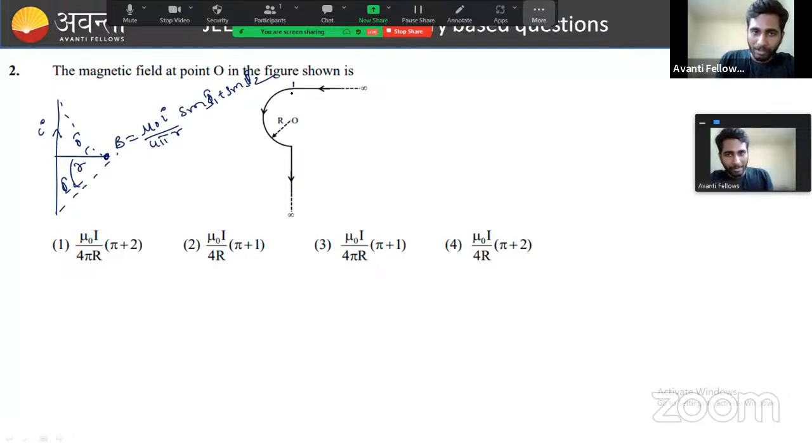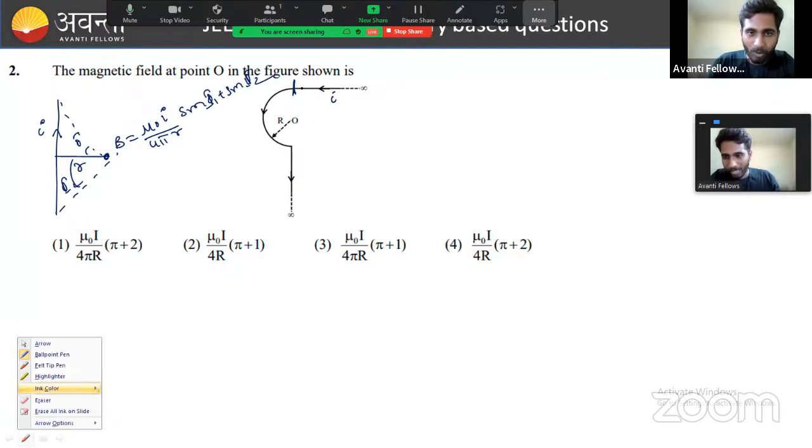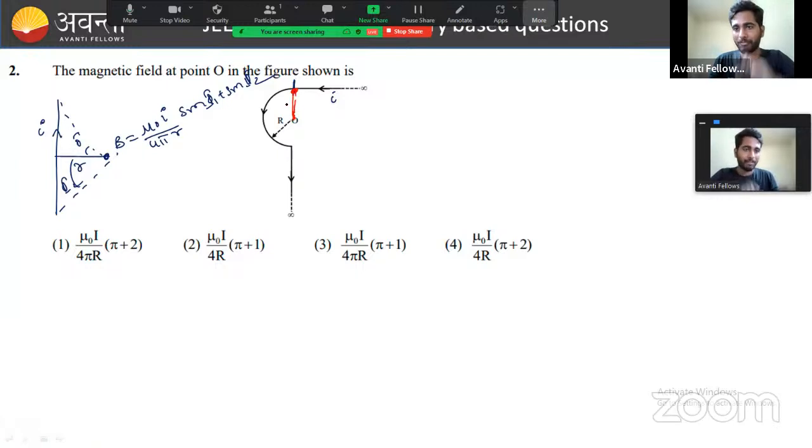Look, at this point this wire also carries the same amount of current. It becomes semi-infinite. Semi-infinite means from this point to here there is no angle, so phi value will be 0. Say sine phi is 0 here, so this term becomes 0. Next, since it is infinity, the angle becomes perpendicular, 90 degrees, and sine 90 becomes 1.